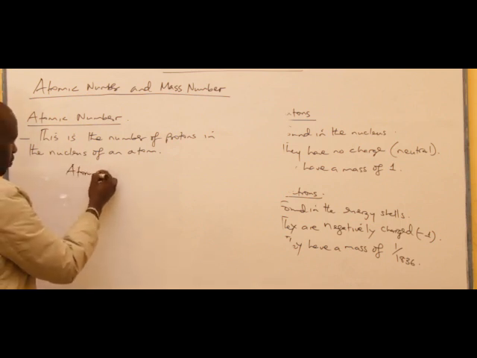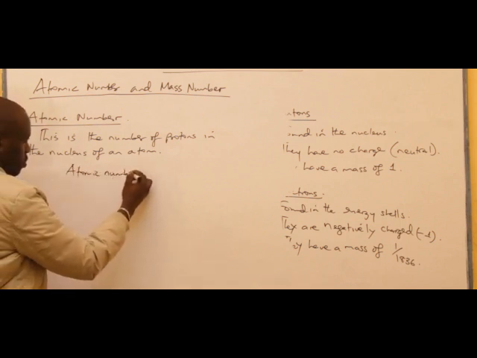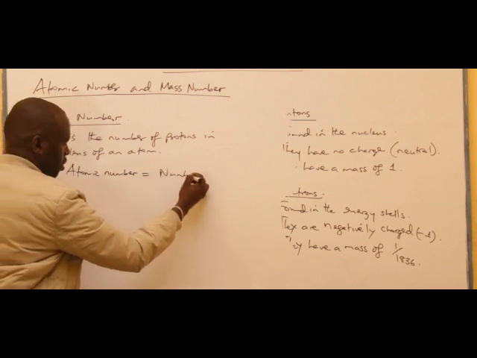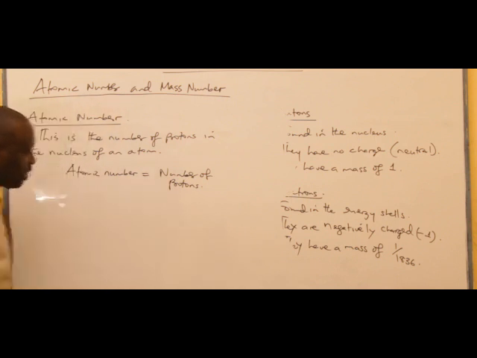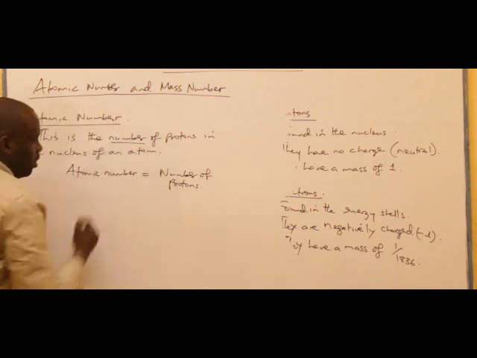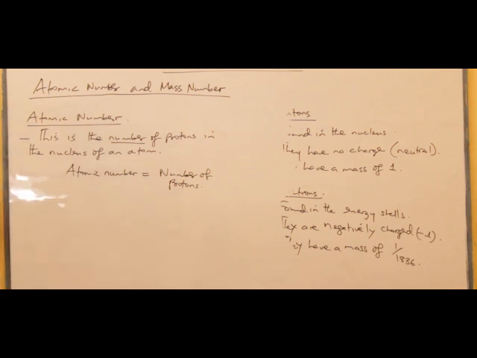So atomic number is equal to the number of protons. Atomic number is not protons. Atomic number is the number of protons. So atomic number is the number of protons in the nucleus of an atom.